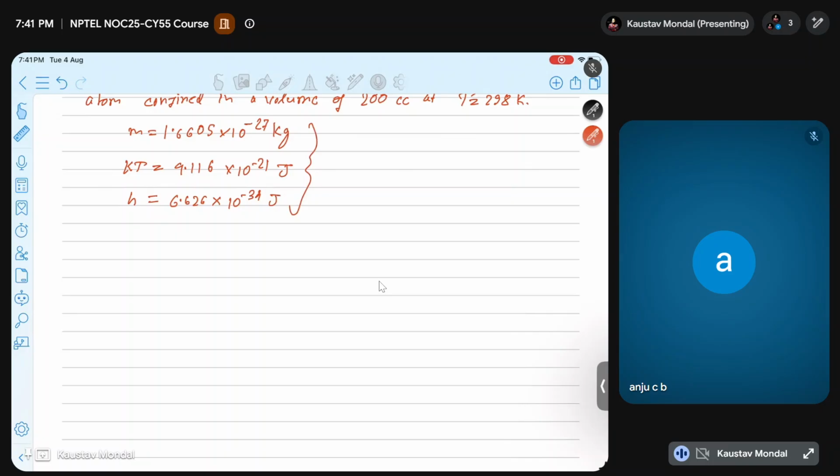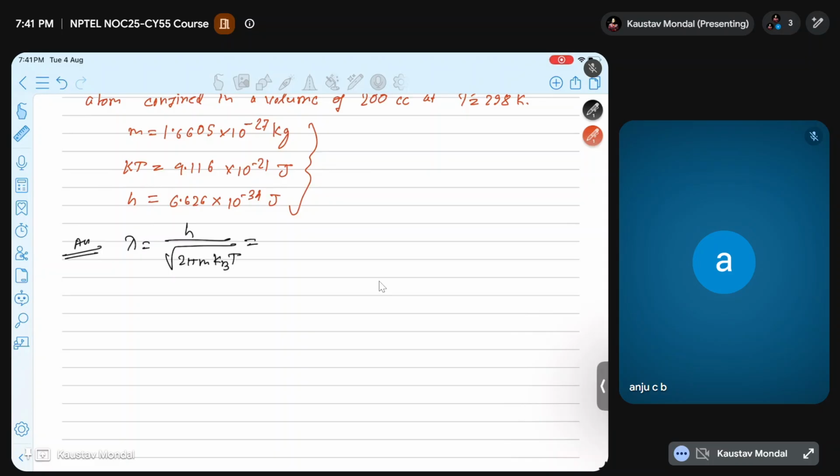On the basis of that, the first and foremost thing we have to calculate is the de Broglie wavelength. So lambda is h by root under 2 pi m kBT.